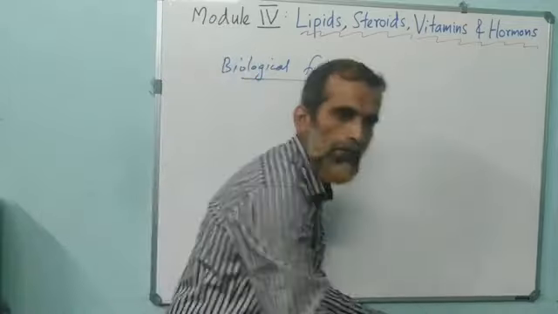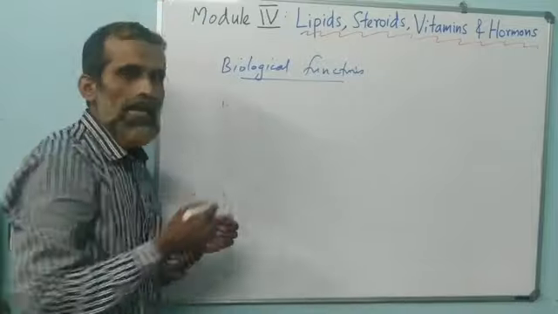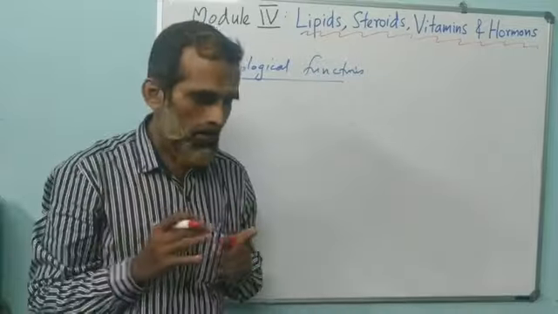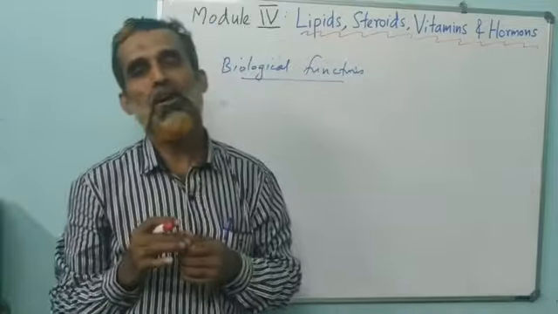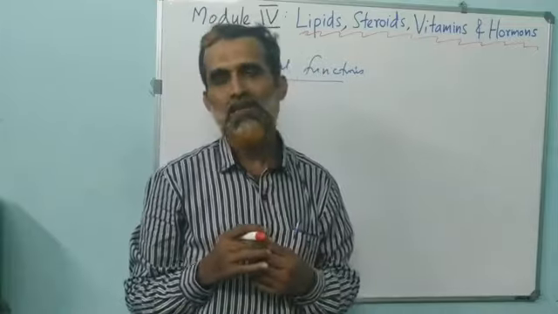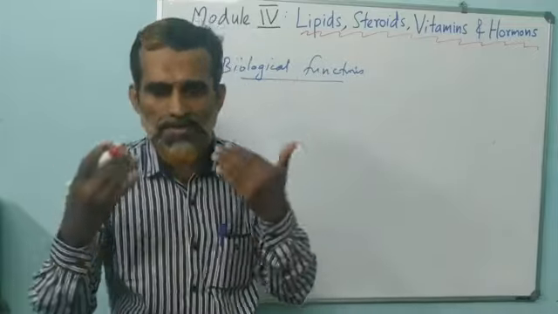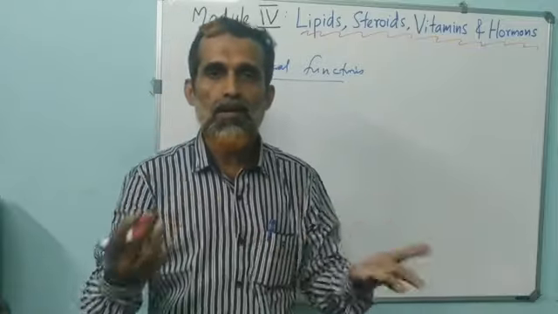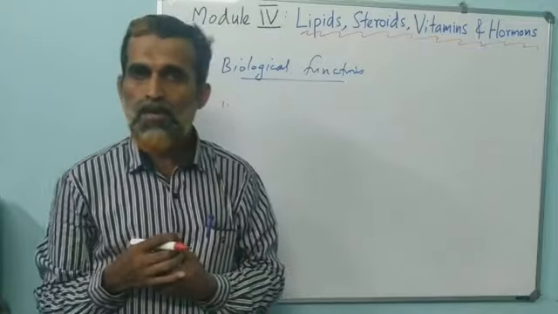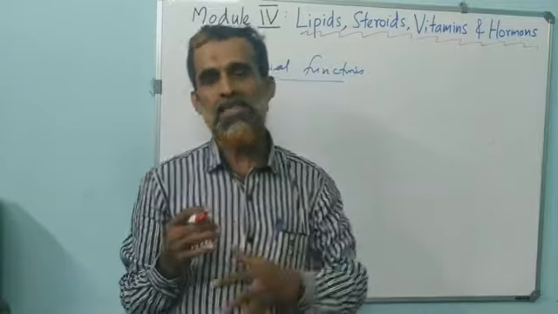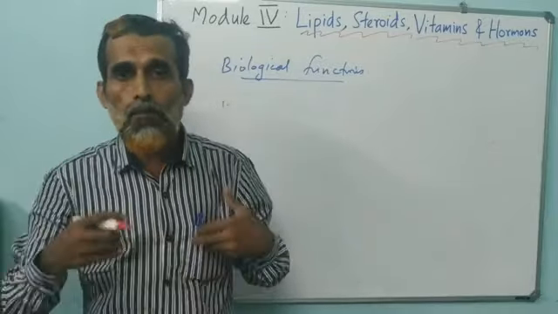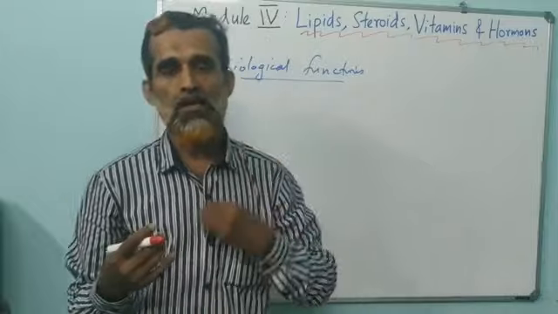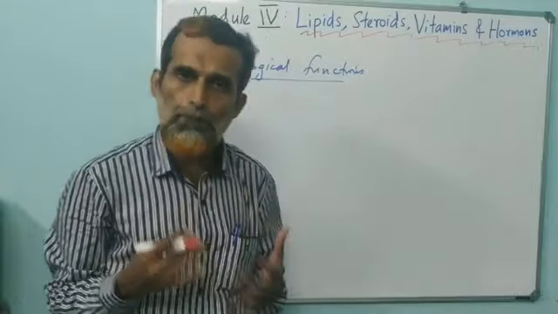Citing a few examples, number one, lipids are a good energy reservoir of animals. Generally we know that we take in carbohydrate for our regular energy requirement, but when we are fasting, for example, our body will make use of the energy derived from the lipids.